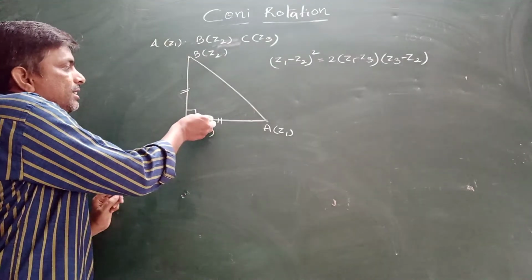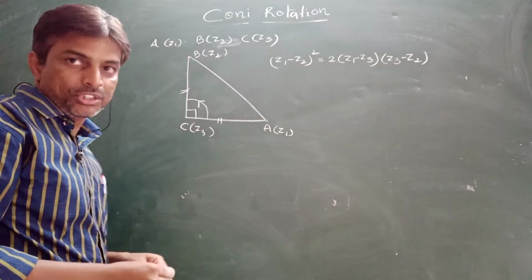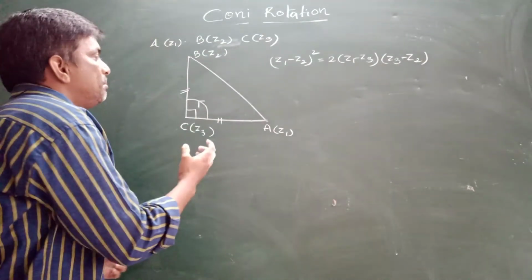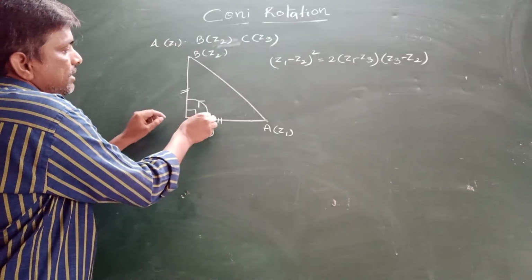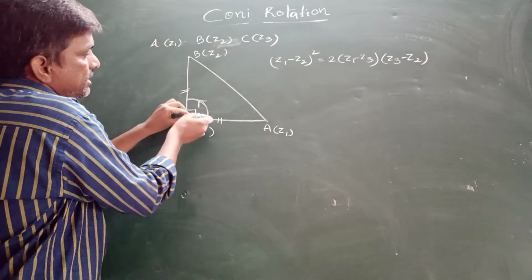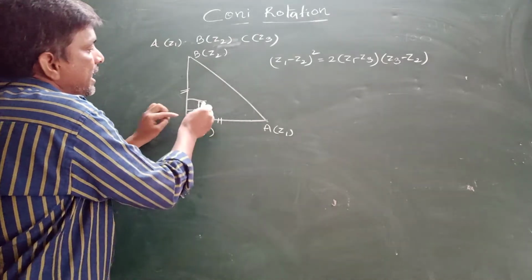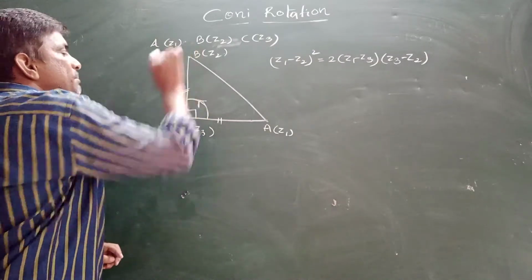Now here, let's suppose this angle is 90 degrees. I am taking the anti-clockwise direction, because of which I can take positive theta. So CA is rotated 90 degrees about C to get CB.